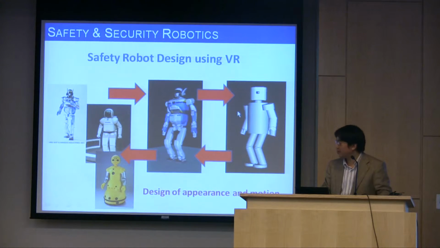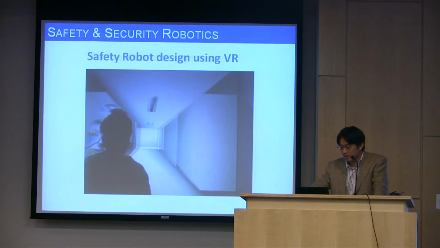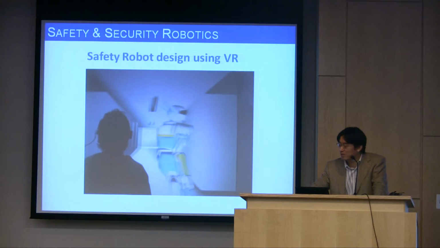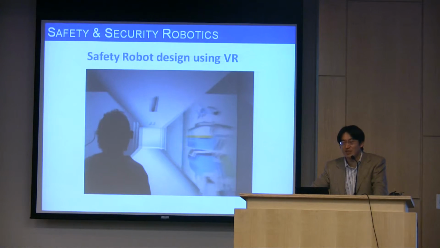So this is a very abstract type of humanoid. We can change its proportions to find which proportion is best for humans. Like this, in virtual reality, the robot goes through in front of the human.